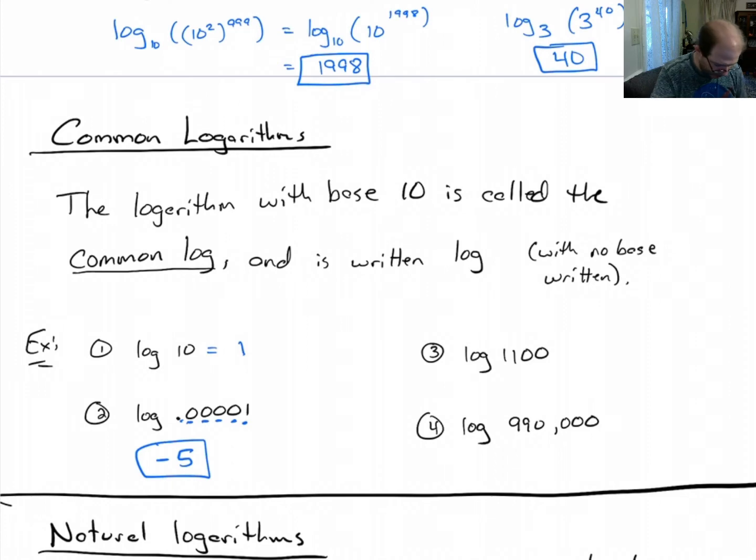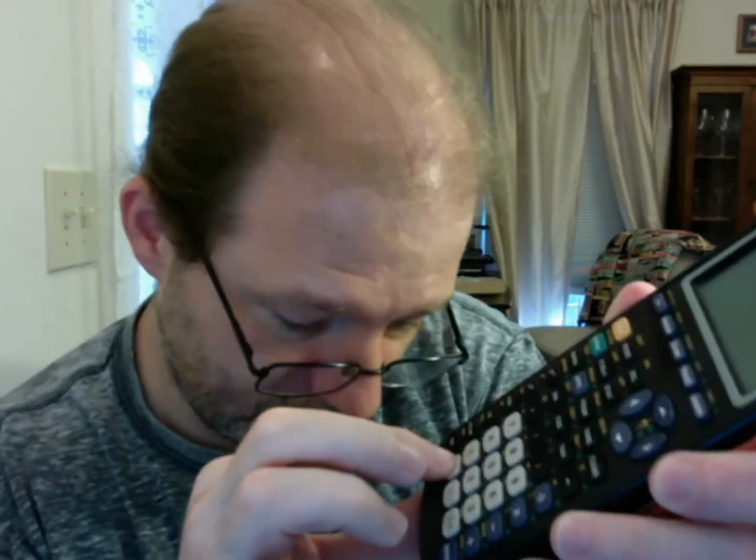Now another way I could do that is I could use my calculator. I haven't used this one in a while. But let's see, I've got my TI calculator here. And the way that you would do this is you just put in log, where's my log button? Here it is. Log of 0.0001.